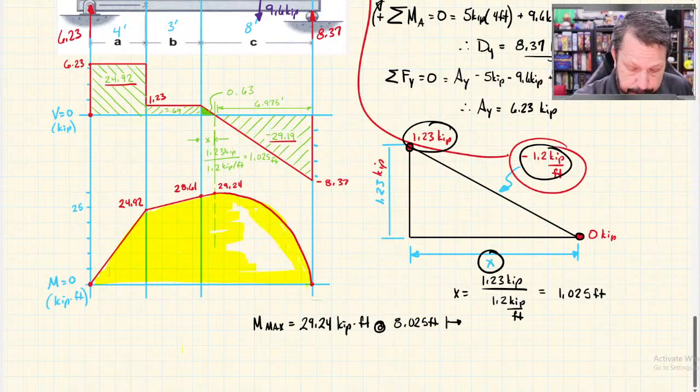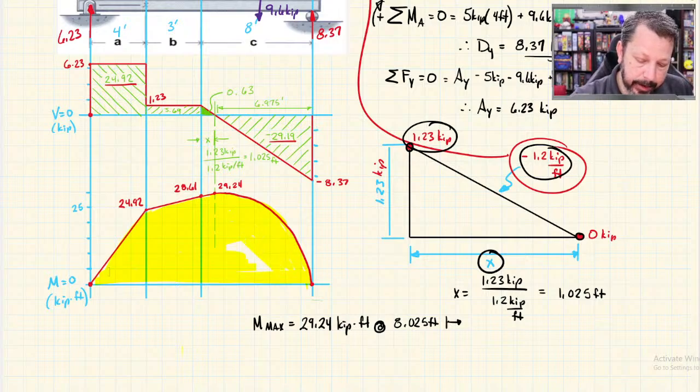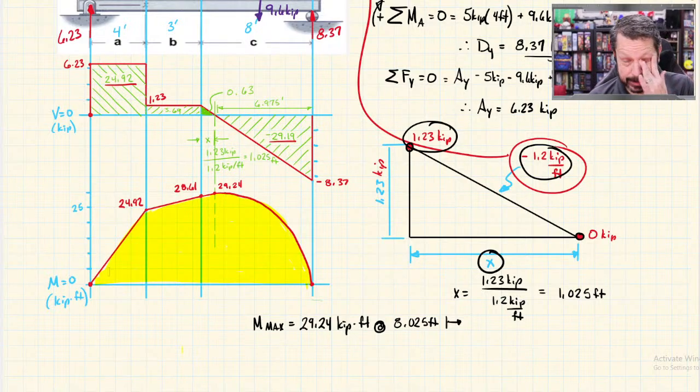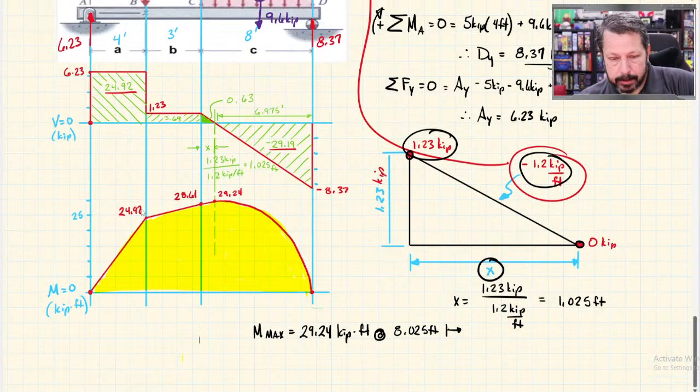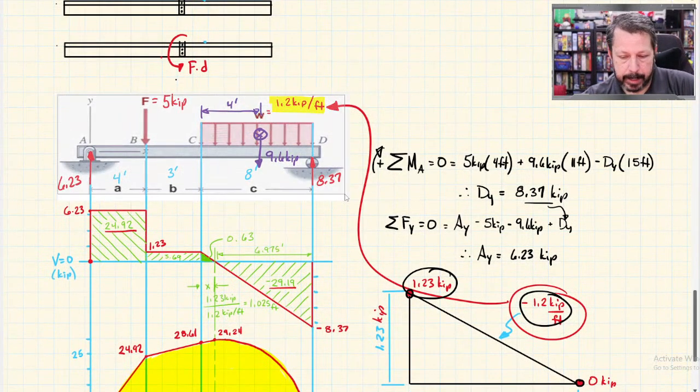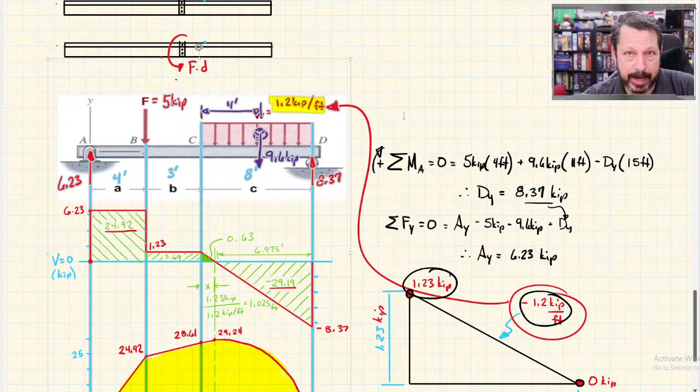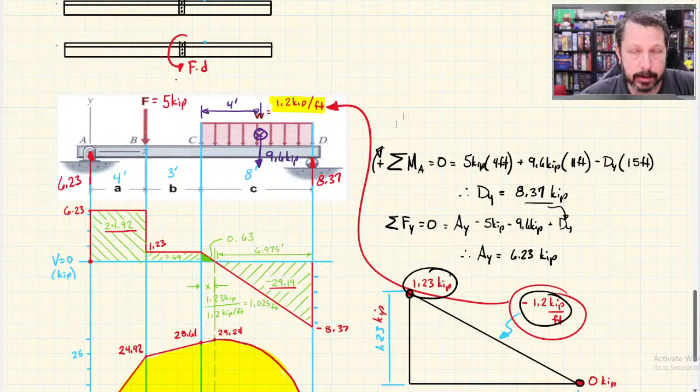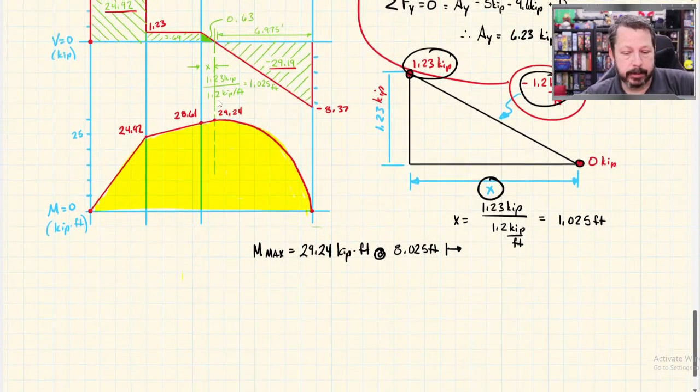Sometimes you're just trying to draw the shear and bending diagram. Now, on an exam, you can't really draw on these exams anyway. So normally I'll give you a beam like this one, and I will give you 5 or 6 options for what the shear or the bending moment might look like, and you have to select the right one.